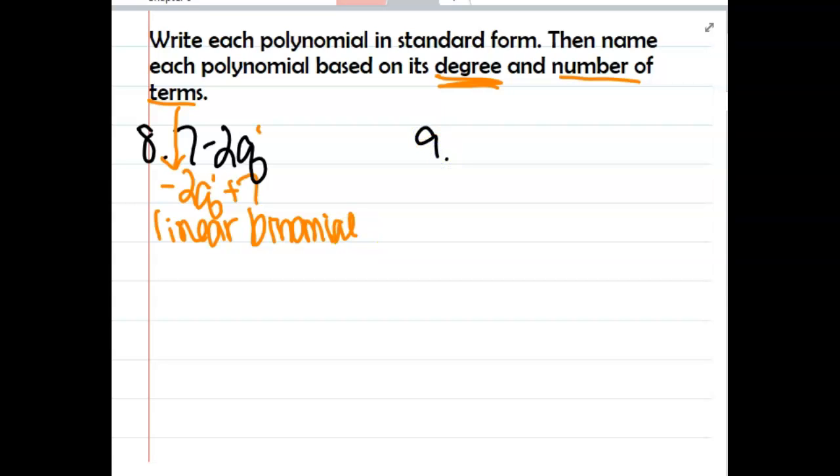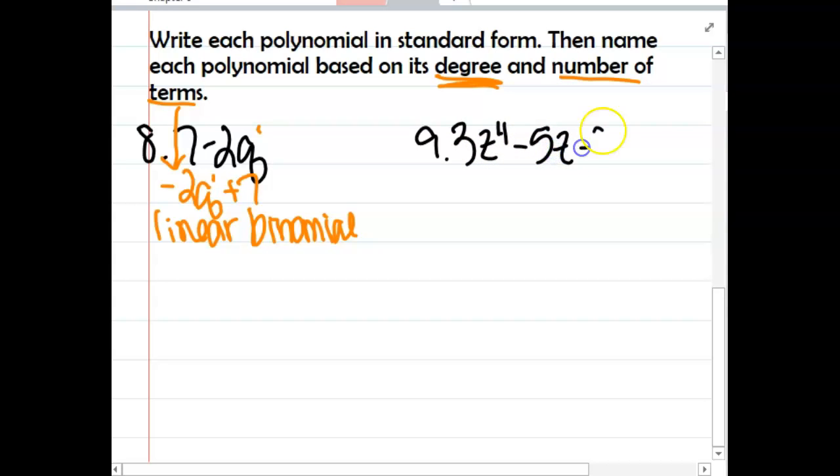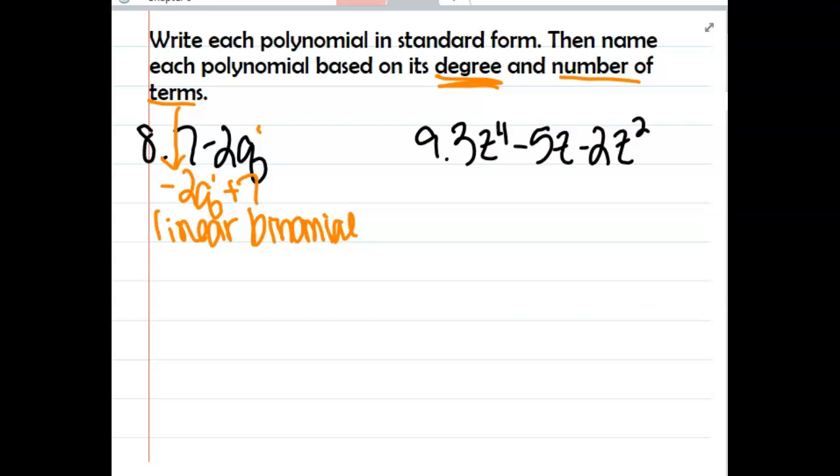Let's try another one. Number 9. 3z to the 4th minus 5z minus 2z squared. First thing, we want to write it in standard form, which means the highest power needs to come first, which it already is, but then they need to be in decreasing order, which isn't quite true, right?